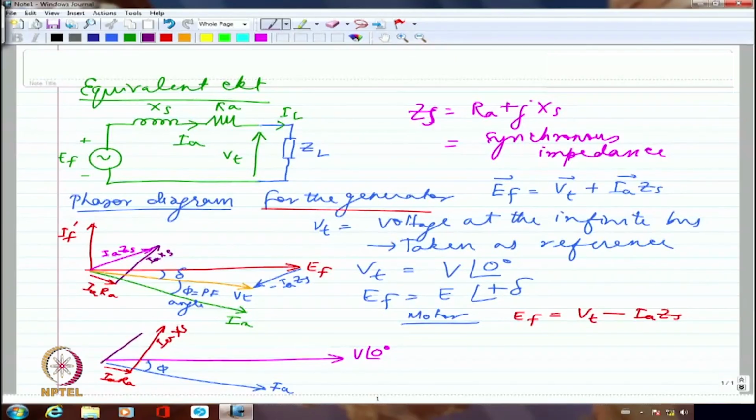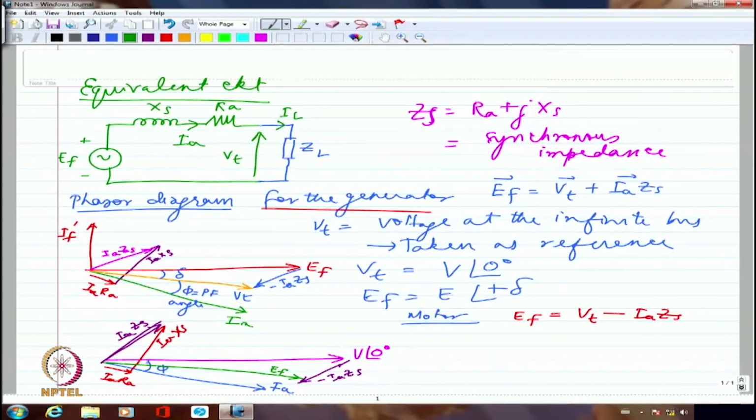Now I'm sorry, this is going to be my IAZS again. So I have to draw the same IAZS in the opposite sense. So maybe this is minus IAZS, in which case I am going to get the resultant EF somewhere here.